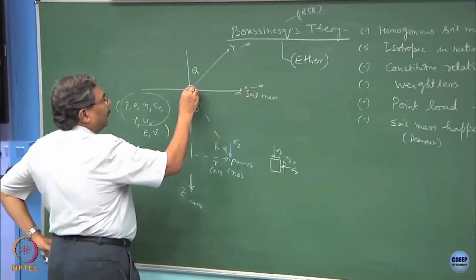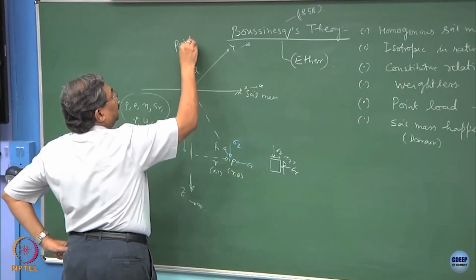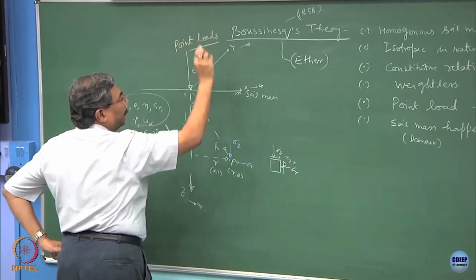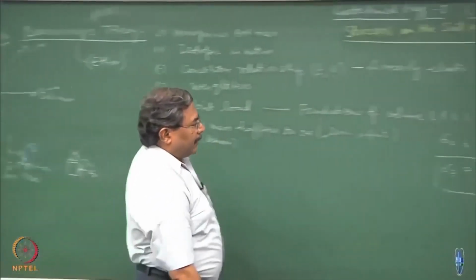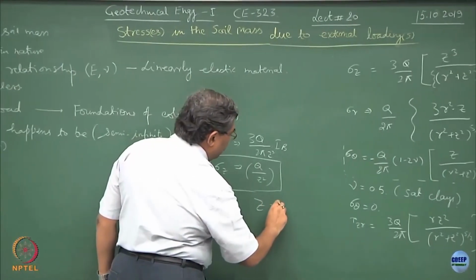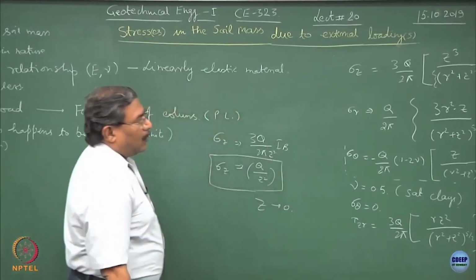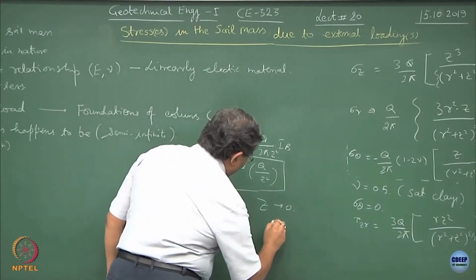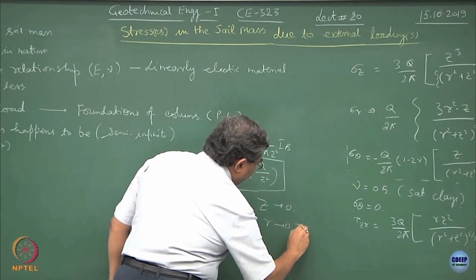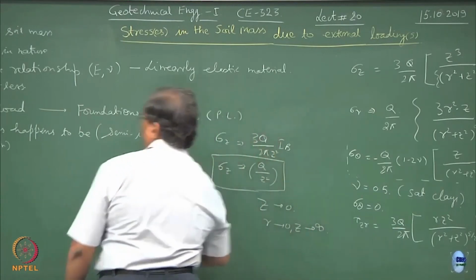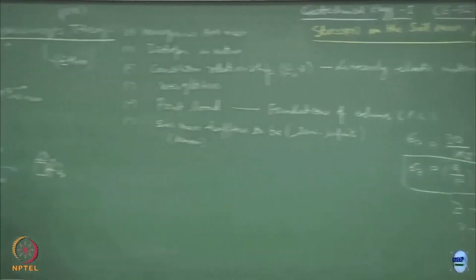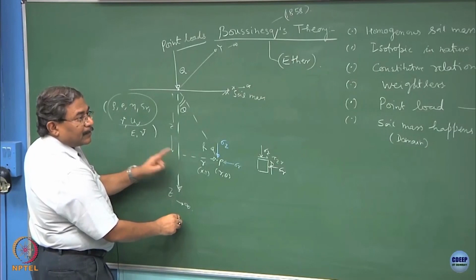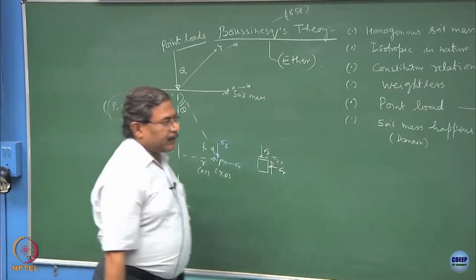See, we started with the point load because the Boussinesq's equation is for the point loads. Now, suppose I say that z tends to 0, or for that matter, let us say I say r tends to 0 and z tends to infinity, where this point would be? R tends to 0 means on the z axis and z tends to infinity. This is one of the situations in which I will be interested.